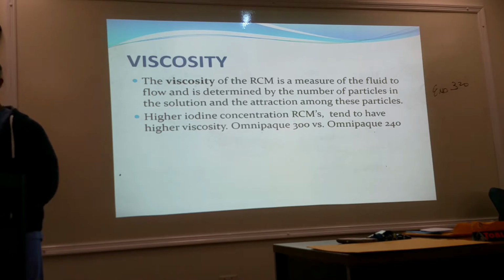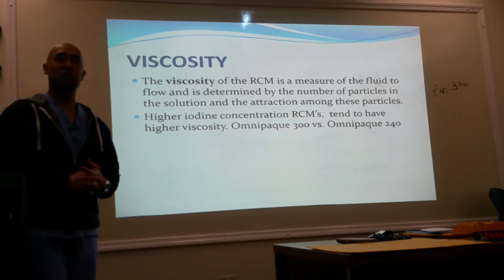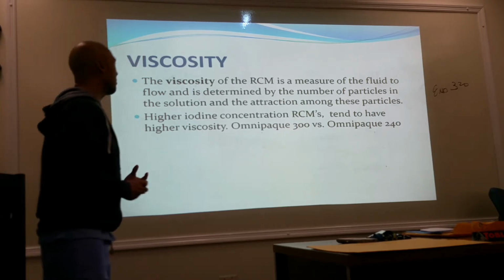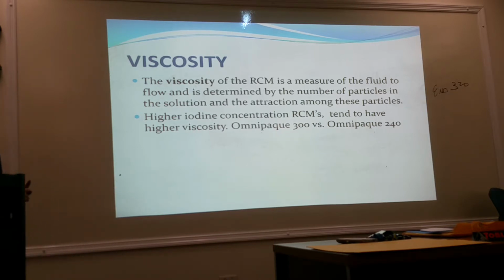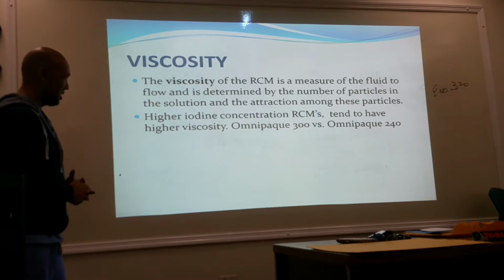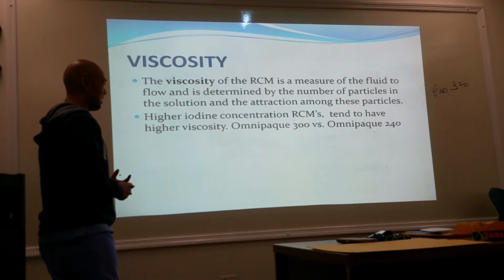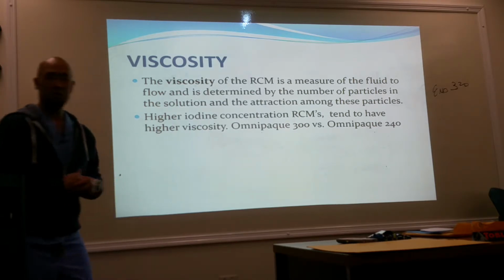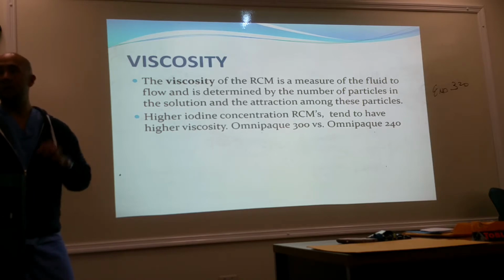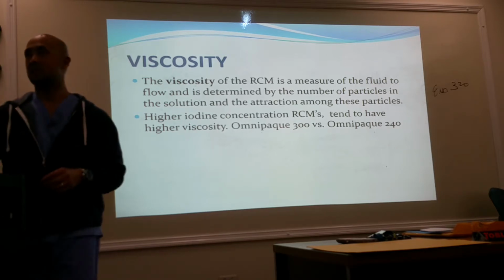The viscosity of the contrast is a measure of the fluid's resistance to flow, and it's determined by the number of particles in the solution and the attraction among these particles. Higher iodine concentrations tend to have higher viscosity, 300 over 240, so 300 is going to be more iodine, more viscous.